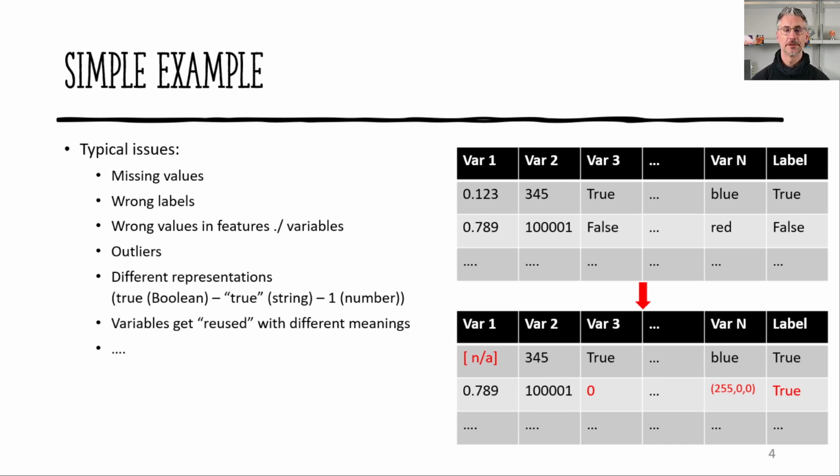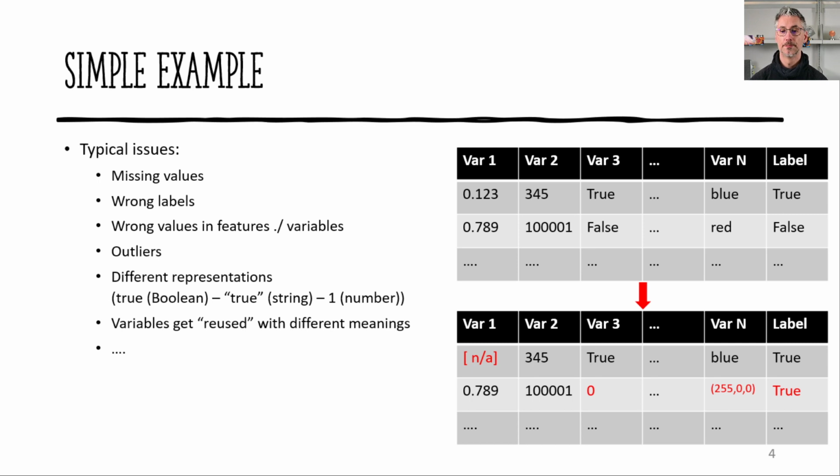Let's take a very simple example to make this a bit more clear. Let's look at the top table. We have structured data, we have a number of variables, and we also have a true value, a label to it. So for example, we may have the values shown here on the top. But typically we'll have a lot of data quality issues as we process the data.